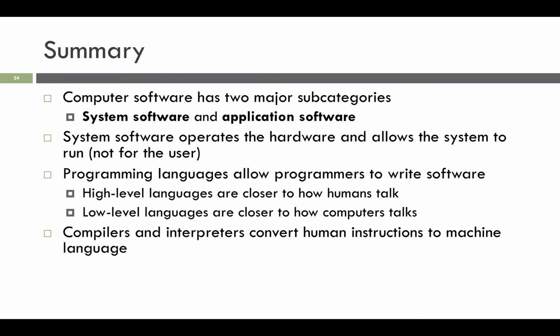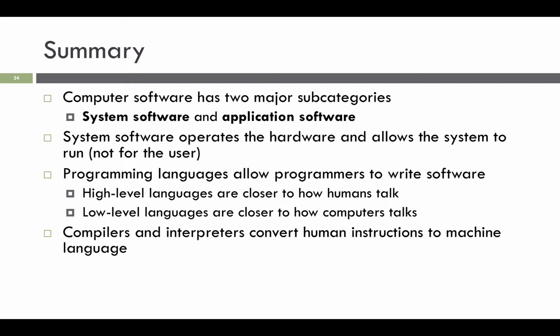In summary, programmers create computer software for two major subcategories, which are system software and application software. System software operates the hardware and allows the system to run. It is software for the system, not for the user. Programming languages allow programmers to write software.